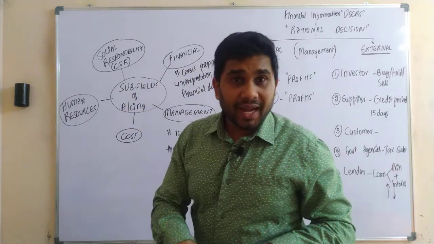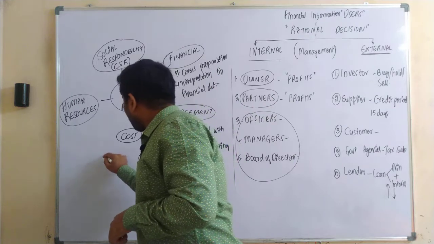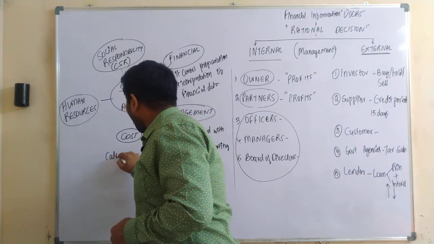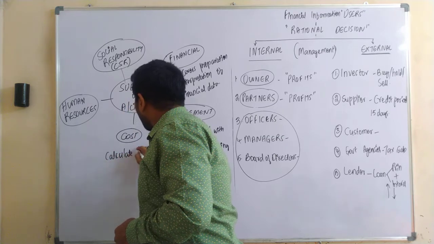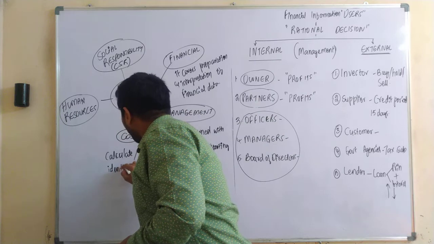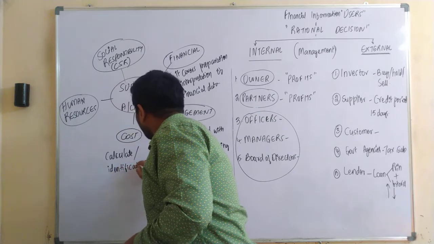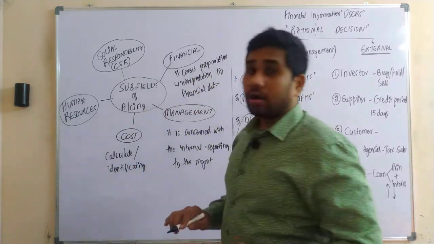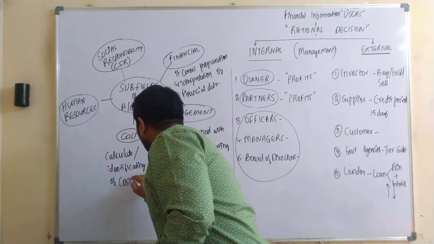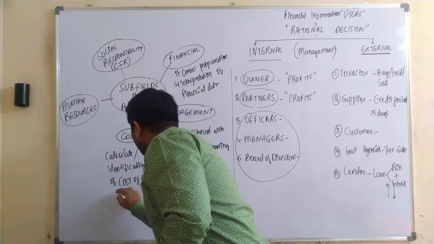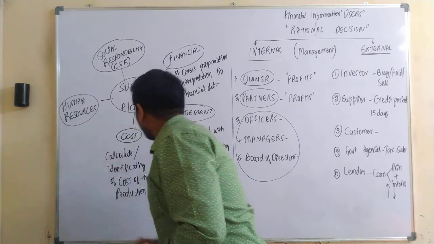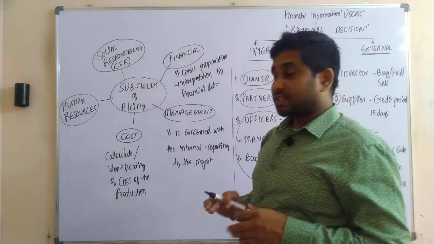Cost accounting is prepared to calculate or for identification of cost of the production, cost of the product or cost of production.